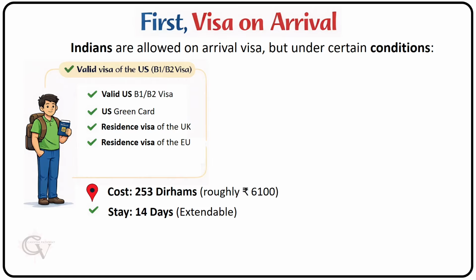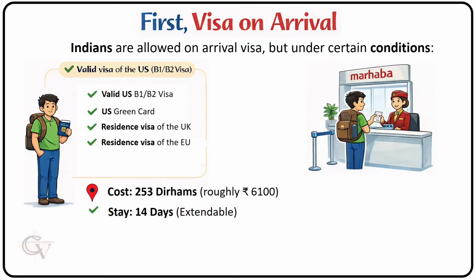So yes, getting a visa on arrival is not just cheaper but also incredibly fast. Within just a few minutes at the Marhaba counter, they checked my passport and also verified that I have a US visa, after which they printed a quick receipt, took the payment and handed me a visa slip right there.